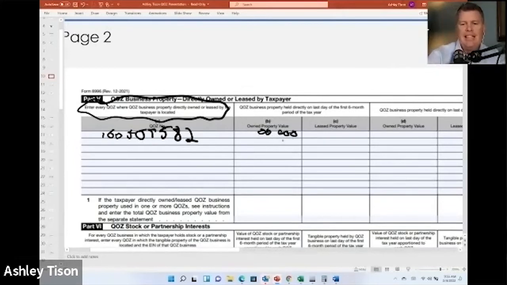If it's leased property, because you're directly leasing property from somebody that owns the property in an opportunity zone, that leased property value is actually going to be the net present value of all of the future payments of the lease. And that includes any extensions of the lease, as long as it's got a numeric value attached to it.